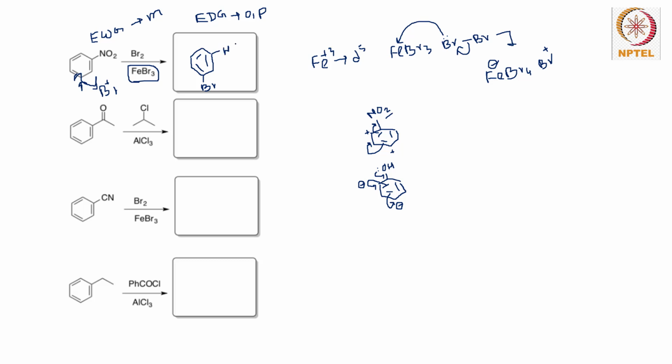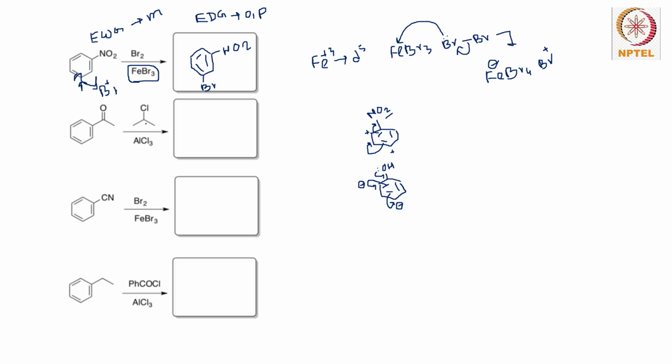Okay. This is easy now. So there is a carbonyl group. Is this electron donating or withdrawing? It is electron withdrawing. So this is AlCl3. This is also a Lewis acid. It has a vacant d orbital.